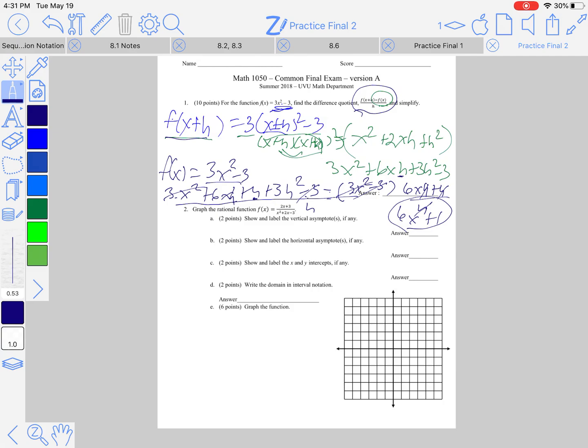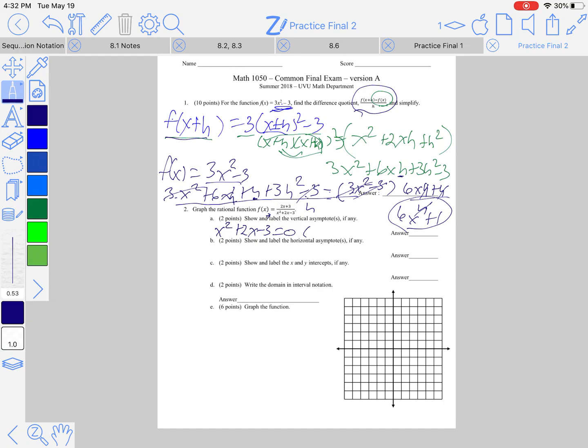You guys can do that. This one says graph the rational function. So they want you to find vertical asymptotes. That's usually what I do as my second step. Another name for them is restrictions on the domain. Why do we need to restrict the domain? Because we can't divide by 0. So I take the denominator, x squared plus 2x minus 3, set it equal to 0 and solve.